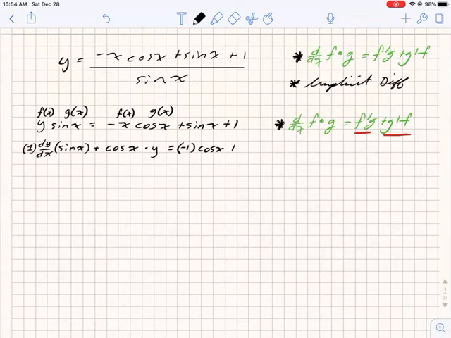Then we're going to add the derivative of cosine x, which is negative sine x, and we're going to copy down f of x. And the derivative of this one now, sine x, is cosine x, and the derivative of 1 is 0. So we don't even need to write that.